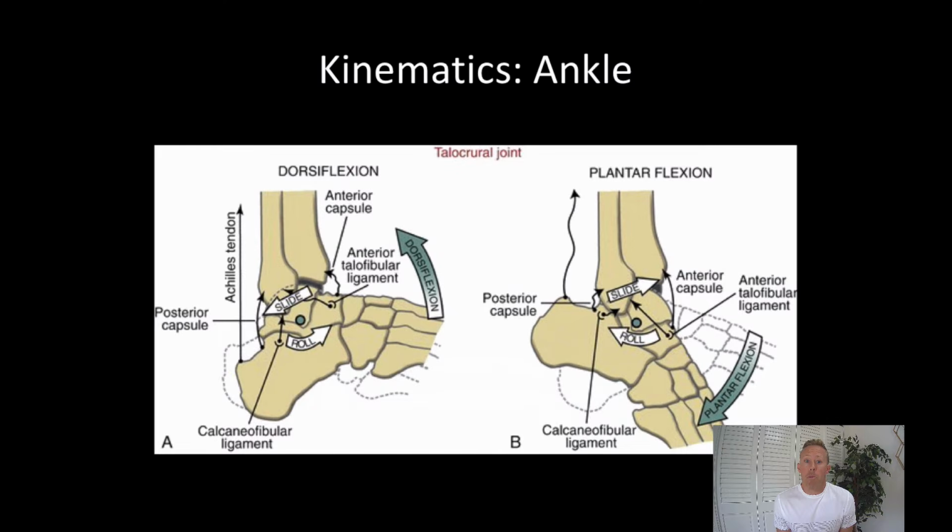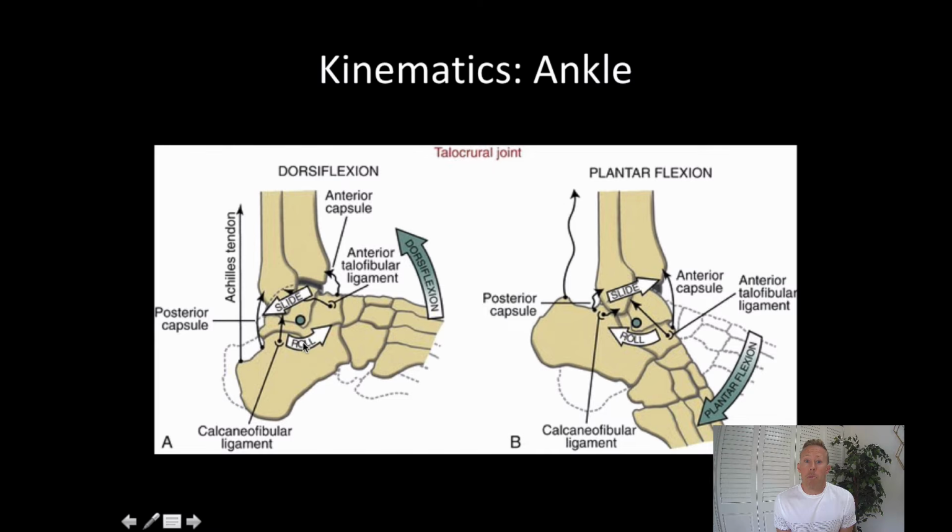Here's an image of this. These are open chain movements. See, the foot's not fixed to the ground, so the person's foot is mainly moving. That means the talus is mainly moving, which is right here. This dome is the dome of the talus. Here's dorsiflexion. Maybe this helps you visualize it. As the toes come up towards the nose, we're going to get an anterior roll.